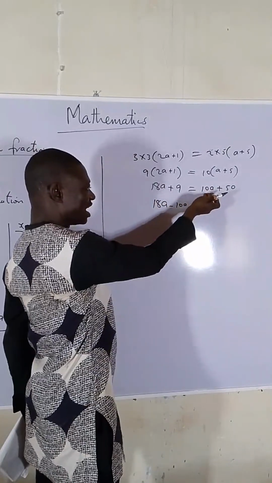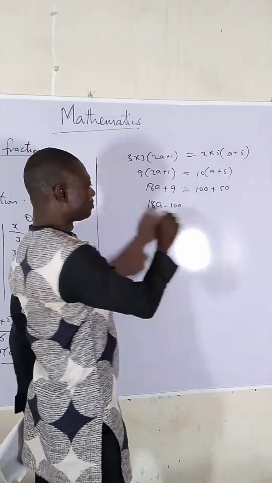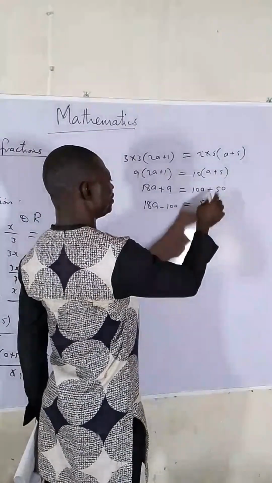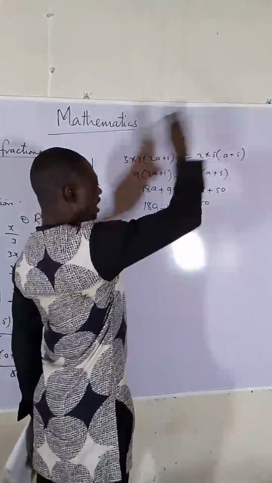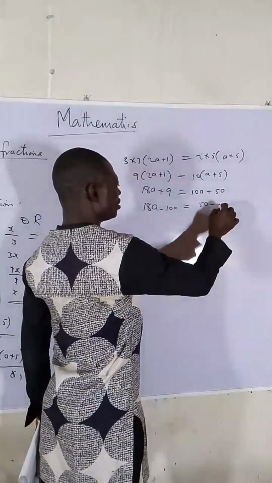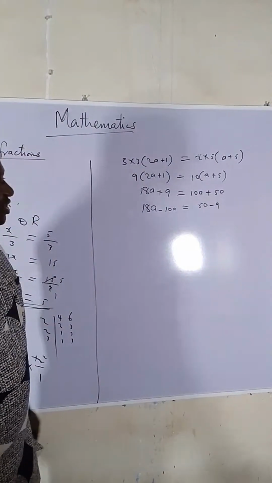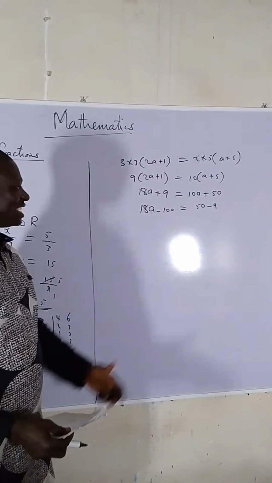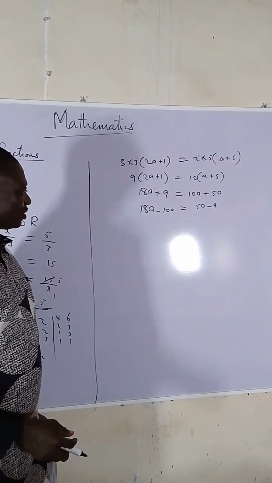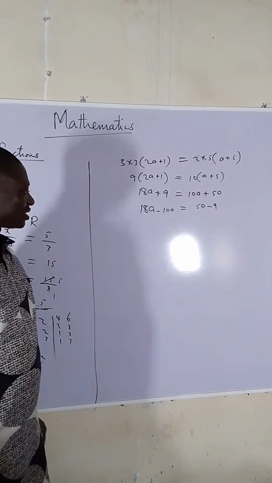This plus 10a here is coming here to become minus 10a is equal to 50. 9 will go there for us to get what? Minus 9. Minus 9. So 18 minus 10 is going to give us what? Yes, it's going to give us 8.